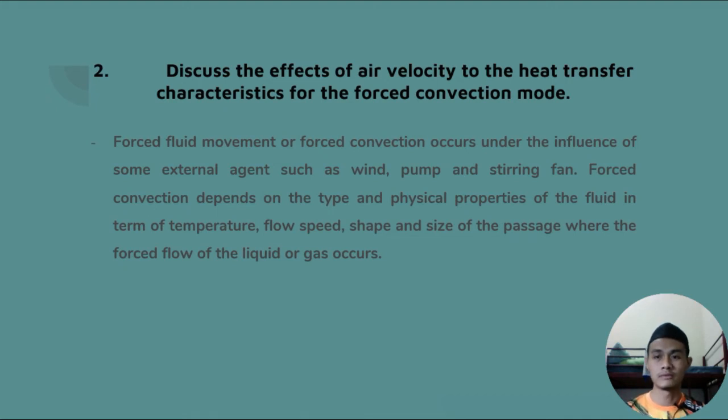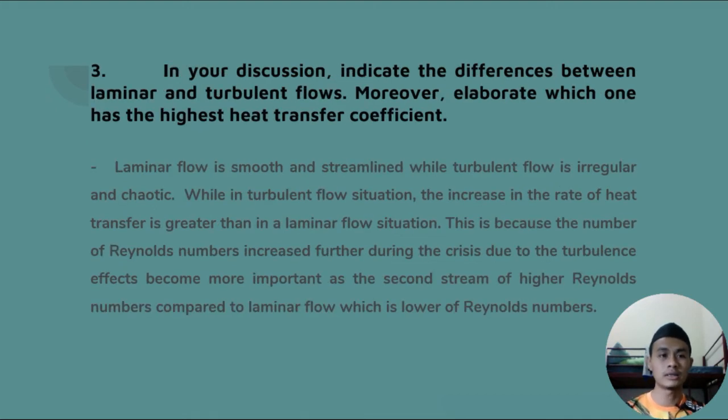Okay, next, the third question is to indicate the difference between laminar and turbulent flow. As we all know, laminar flow is smooth and streamlined, while turbulent flow is irregular and chaotic. In a turbulent flow situation, the increase in the rate of heat transfer is greater than in a laminar flow situation.